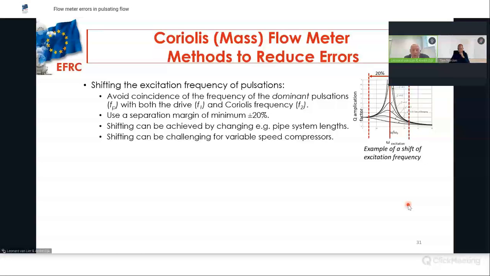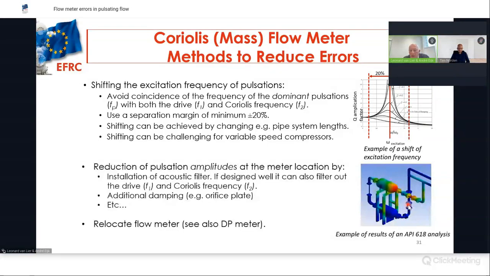And a separation margin of minimum plus or minus 20% is a very good criterion to stay away from the excitation in the Coriolis frequency. The shifting can, for instance, be achieved by changing the pipe lengths, and it shall also be mentioned that if you have a variable speed compressor, the chance is very high that you can excite more than one acoustic resonance, so you shall be careful with that.